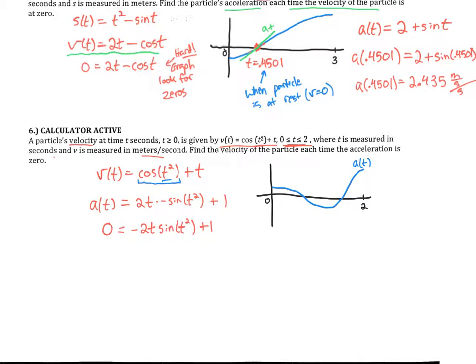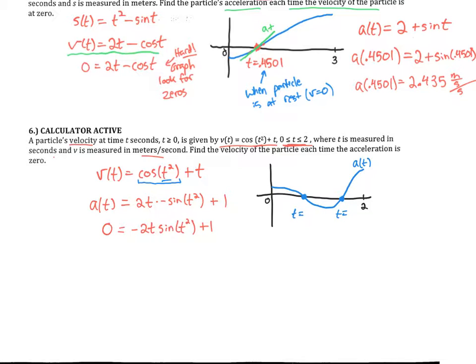So I see that the acceleration is equal to 0 right there, and the acceleration is also equal to 0 at that point right there. So what I want to do is find these time values, again, by using second calc, zero, and then going through the left bound and the right bound to find those time values. So let's take a look.